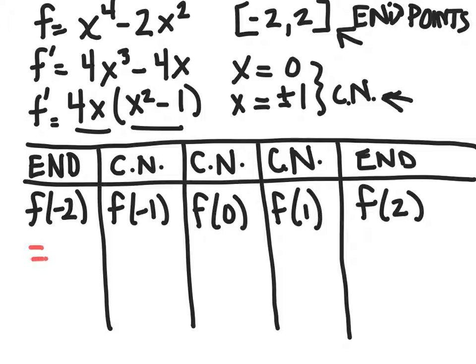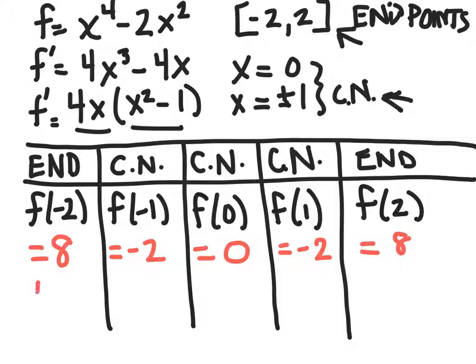So I've already evaluated these, and I have come up with the fact that f of -2 and f of +2 are both +8, f of -1 and +1 are both -2, and f of 0 is 0. If you can imagine that these are our y values, what I'm seeing here is these two 8s, the biggest numbers we have, are the maxes of the graph.